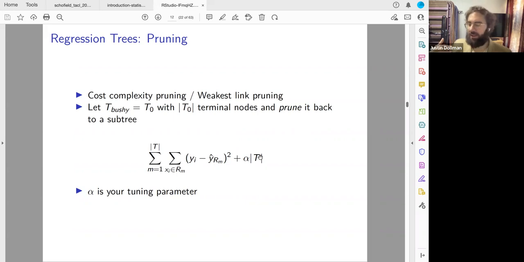Because it's a binary split every time, you can also think about this magnitude as the number of nodes. There's just a difference of 1 between the number of splits and terminal nodes.